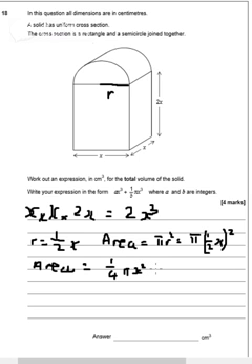Okay, now to get the volume of the cylinder, I'm just going to write vol. Volume is equal to that times x, because that's the depth here. So that's equal to 1 over 4 pi x cubed.